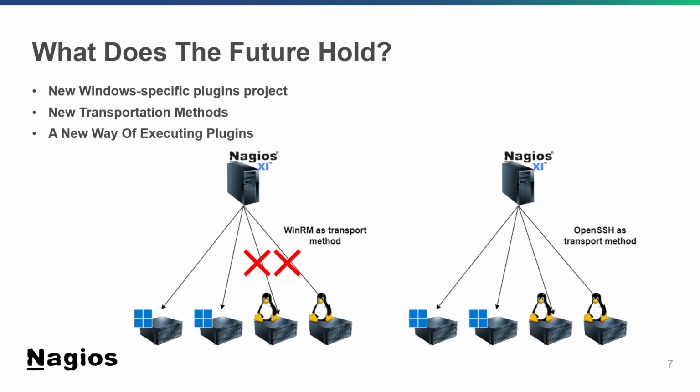Isn't OpenSSH just an agent then? That's a good and valid question, and it's a question that's been thrown around in the monitoring community for a while now. Even in Linux land, people have argued that OpenSSH is just an agent. The real problem here is that no one has actually defined what constitutes agentless.